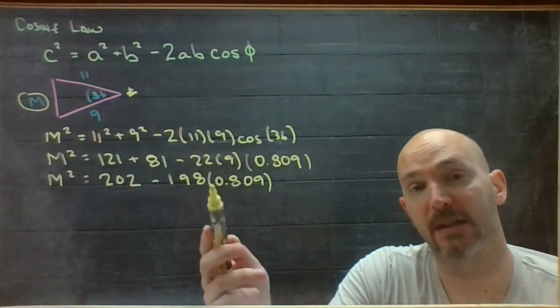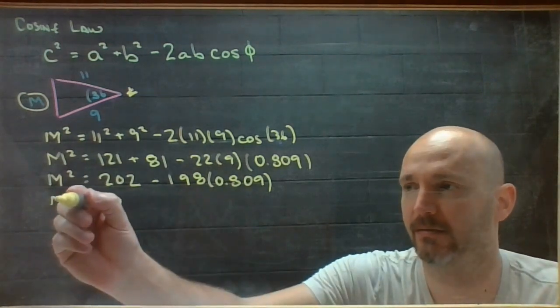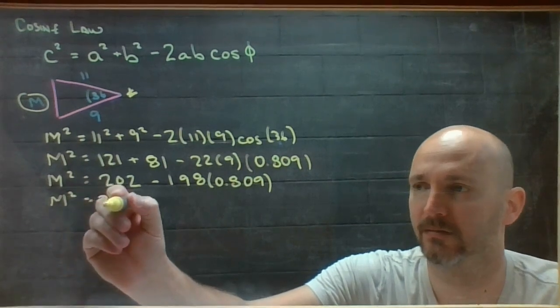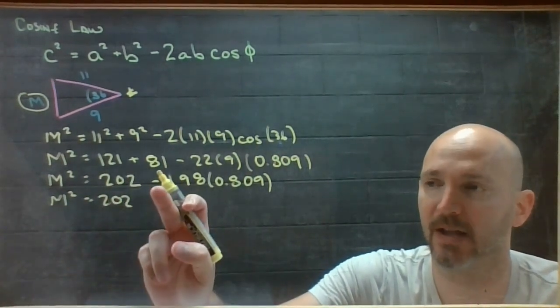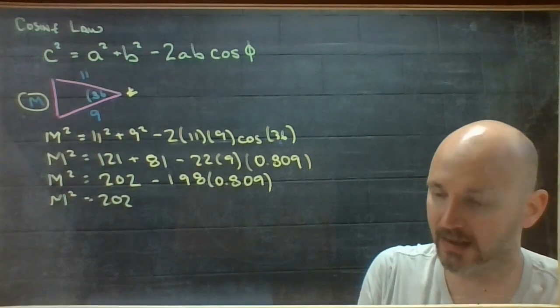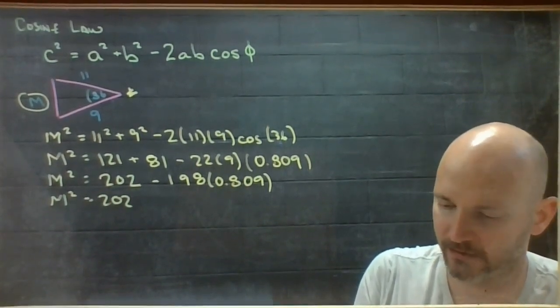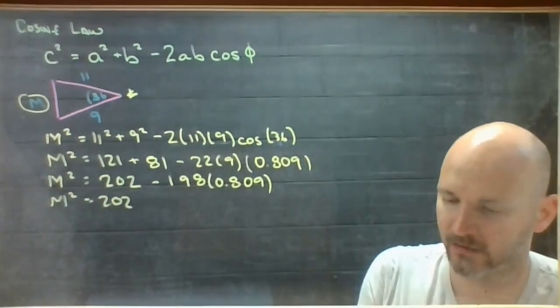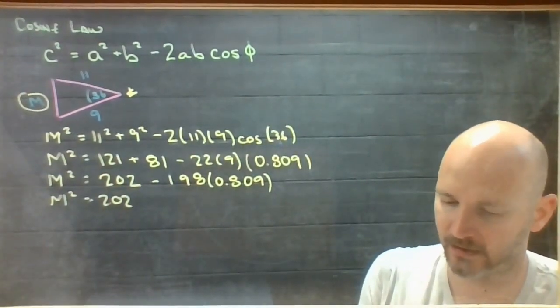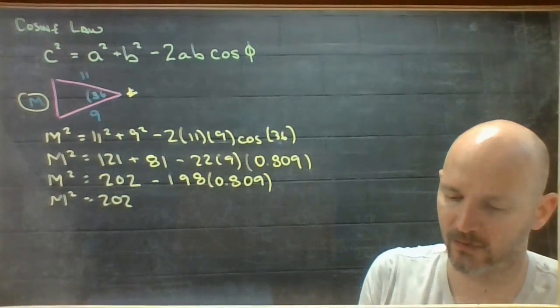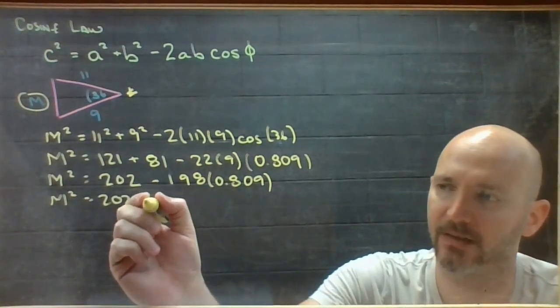I'm still going to need to do this multiplication before I can do that subtraction. 198 times 0.809 is 160.182.